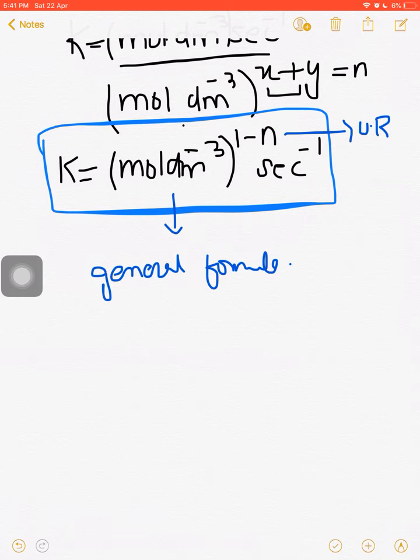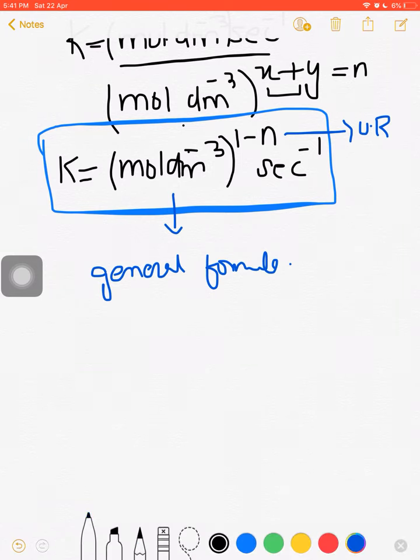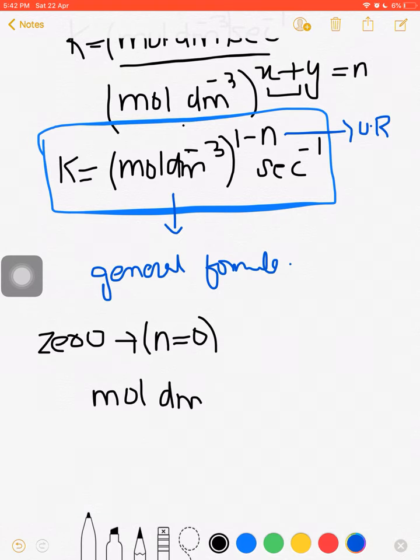Okay, now let's find the unit of k, the rate constant or velocity constant, when the order of reaction is 0. As I said in my previous video, the order of reaction can be 0 as well, right? Consider that the order of reaction is 0, which means n is equal to 0. Let's put the value 0 in this: mole dm cube to the power 1 minus 0, second inverse.